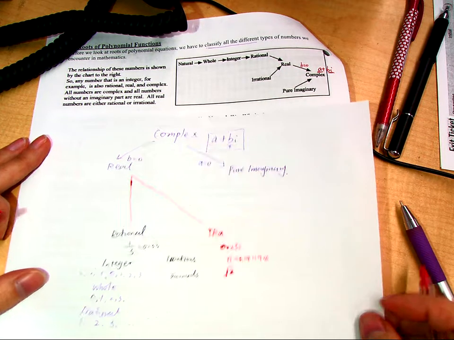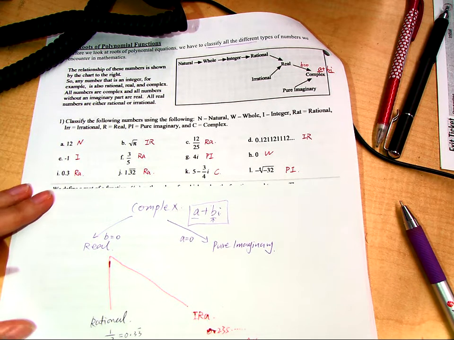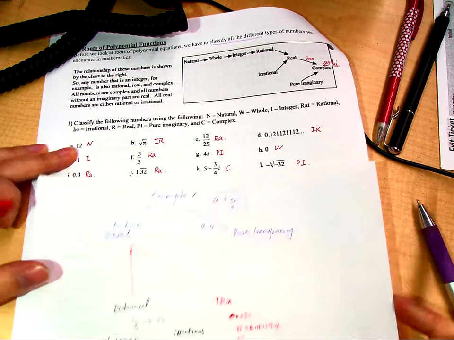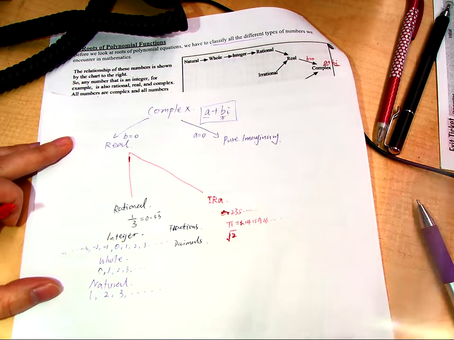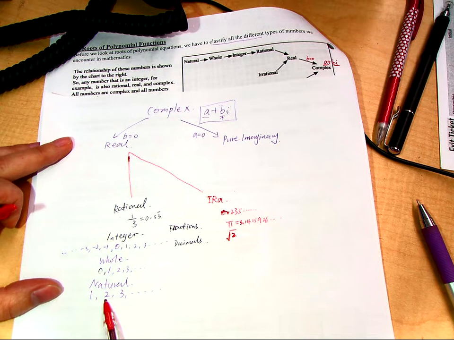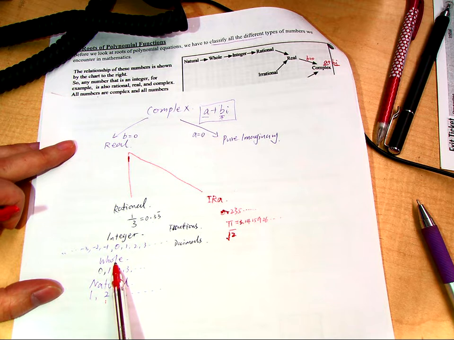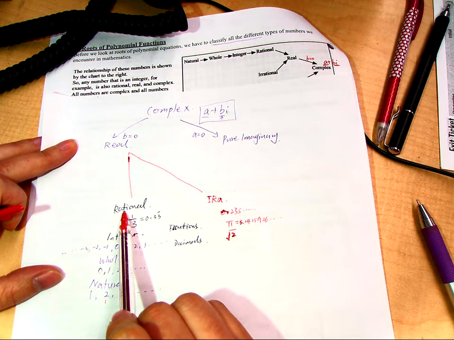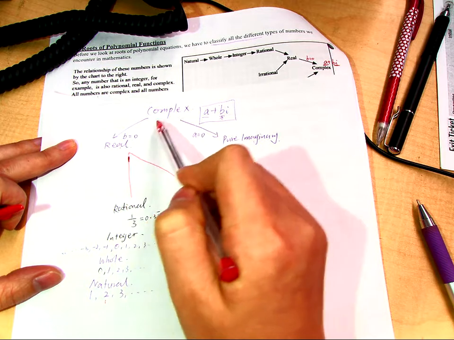Now, example. Look at the classwork on your paper. First, 12. 12 is a counting number, so it is a natural number. If it's a natural number, that means it will also be a whole number, also an integer, also rational, and real, and complex.